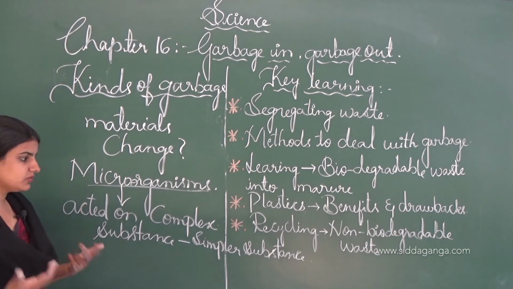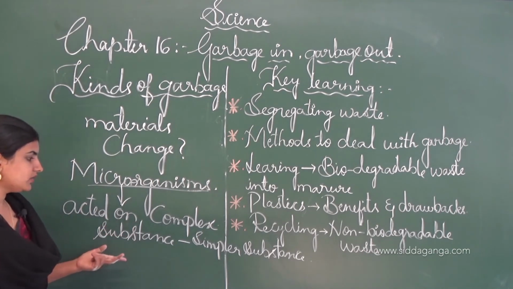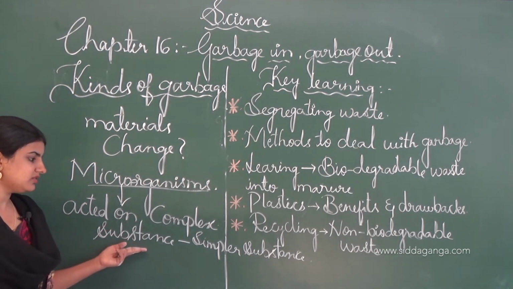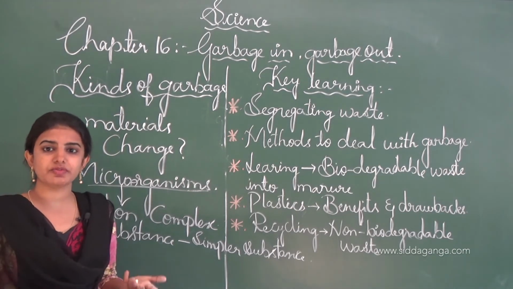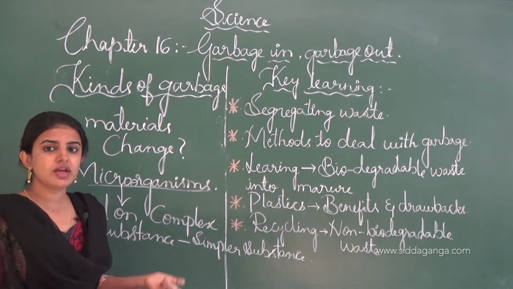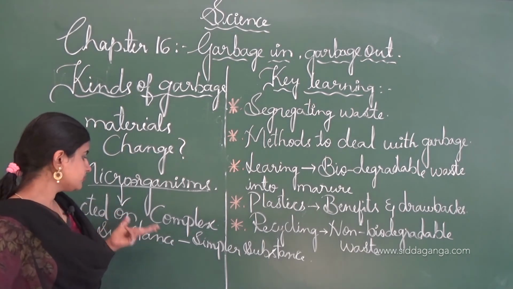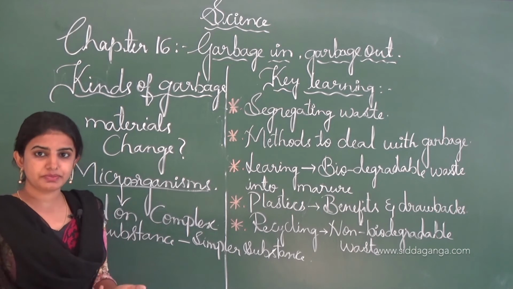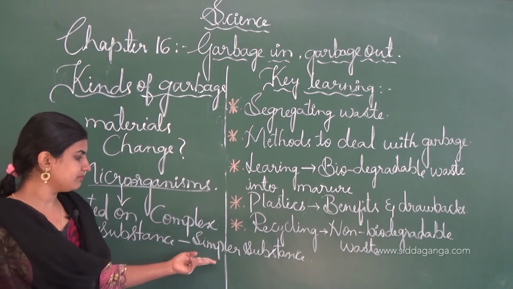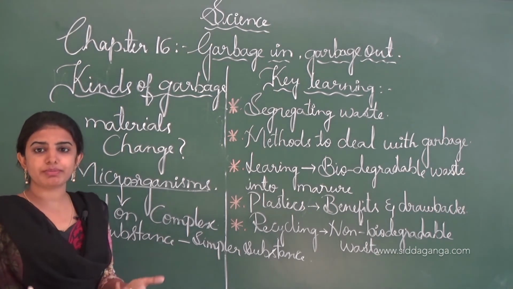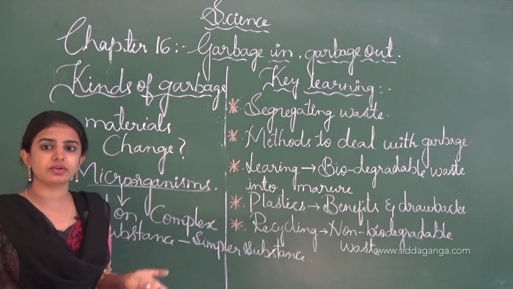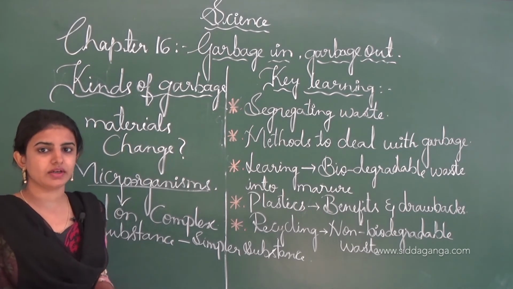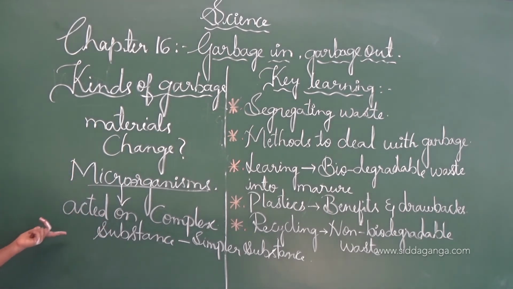These microorganisms provide this by acting on, or by eating, complex substances like banana peel, orange peel, and different types of vegetables. When we throw them into the soil, the microorganisms act on these substances and make them into simpler substances, so that they provide nutrients for the soil, which helps the plants grow well. And this is the usefulness of the microorganisms.